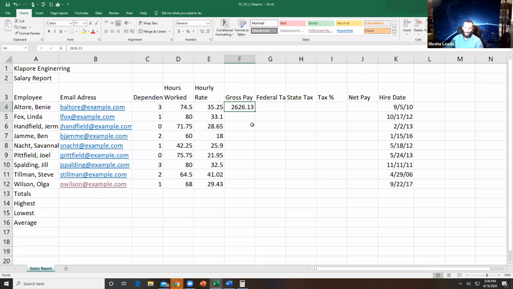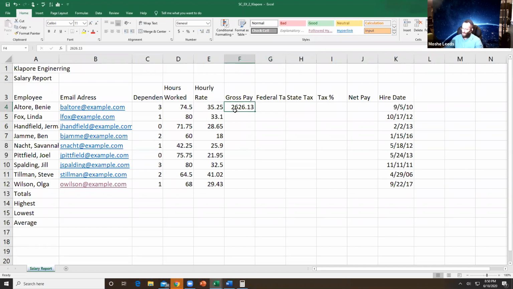Now, obviously, that helps me only for right now. But let's say I get an email and there was an accounting error, and Benny actually gets an hourly rate of $37, and they really worked only 70 hours. Well, I'm back to square one because I need to recalculate everything, including the federal tax and the state tax percentage, pretty much everything.